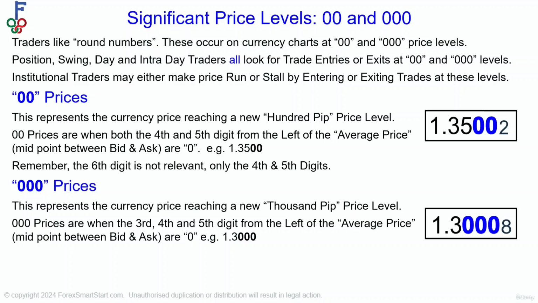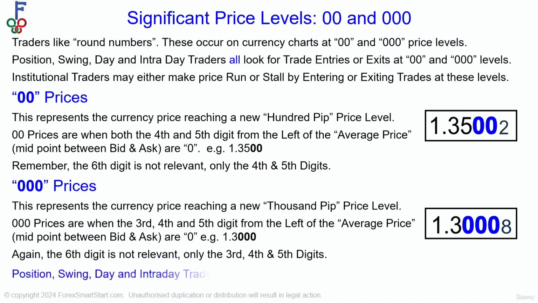That could be anywhere from 0 through to 9 and it would still be considered a triple zero. Again, the sixth digit is not relevant, only the third, fourth, and fifth digits. Position, swing, day, and intraday traders all look for trade entries and exits at double zero and triple zero price levels.